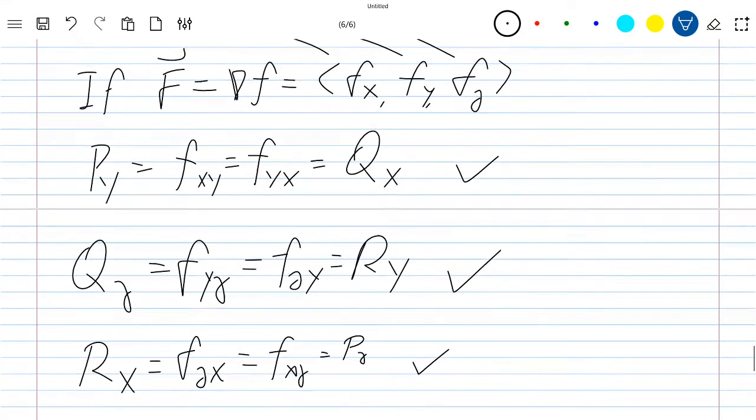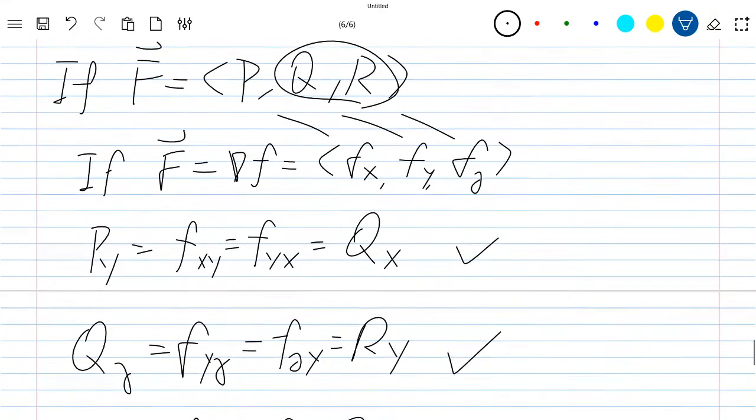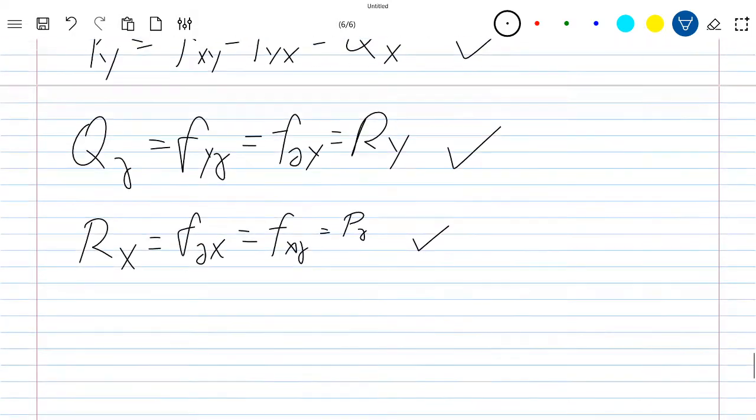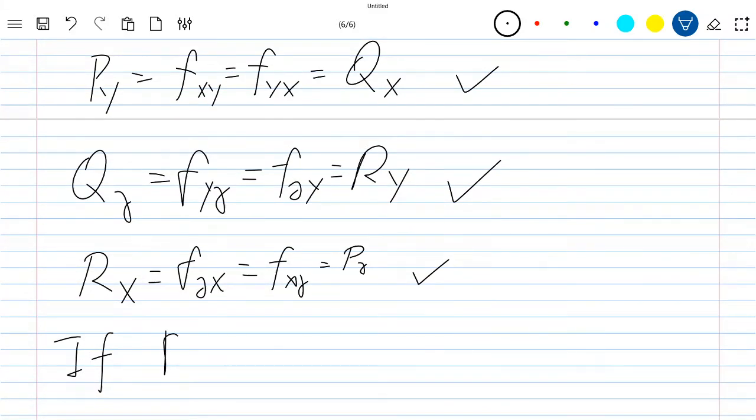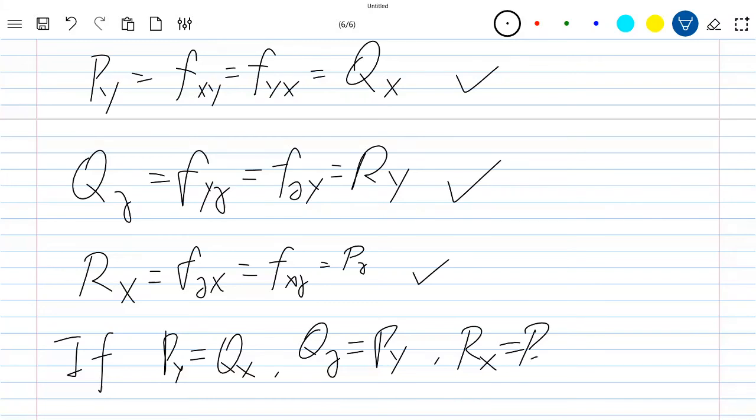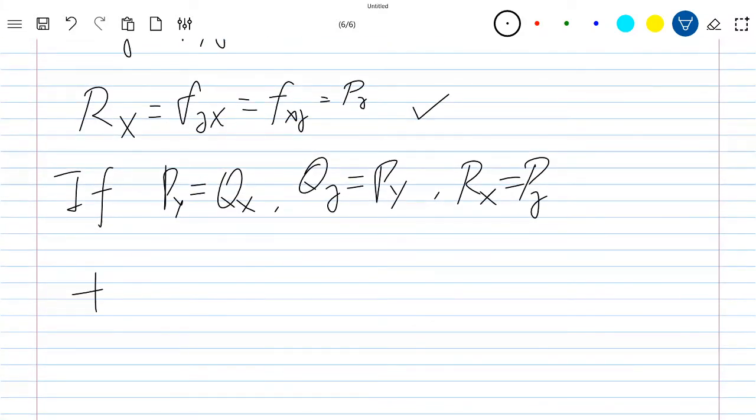So you have 3 equalities between the 3 components, p, q, r. And the converse is also true. If all of the 3 equalities hold, qz equals ry, py equals qx, and rx equals pz, then the field is a gradient field.